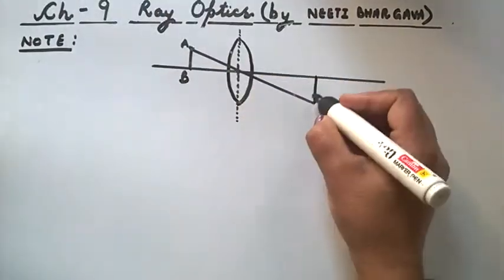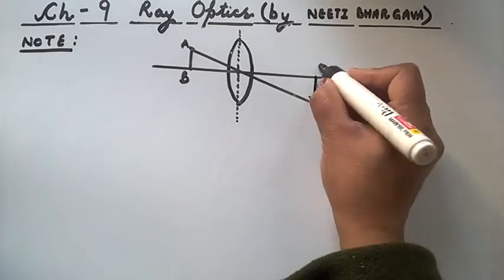In case of convex lens, it will give a real and inverted image.